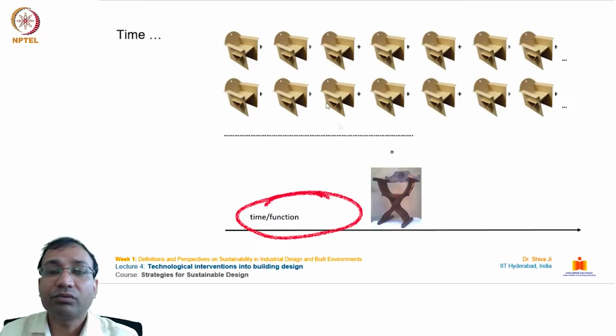As you see, two different products are compared over here on the factor of time, how much time they are going to serve, the requirement which is expected out of them.